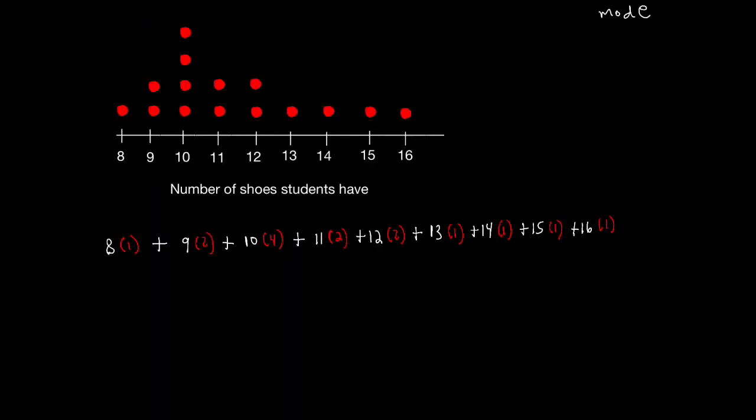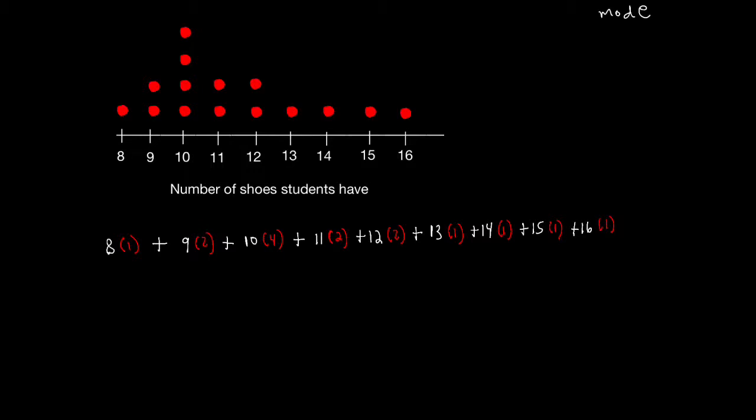To reiterate here, the 8 times 1 is this 8 times its frequency. The 9 times 2 is the 9 times its frequency of 2. The 10 times 4 comes from the 10 times its frequency of 4. The 11 times 2 comes from the 11 times its frequency of 2, so on and so on. We're doing this because recall that to get the mean, we have to add all of the values and then divide by the number of values in our data set.